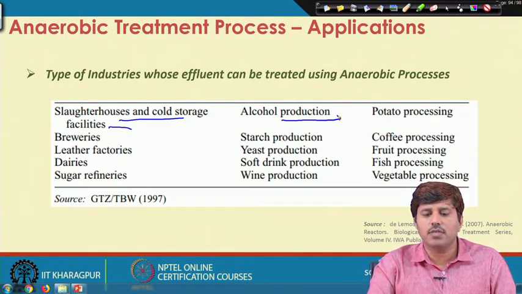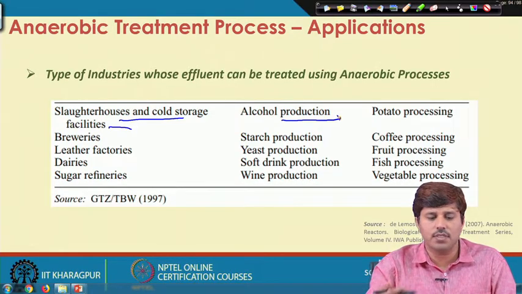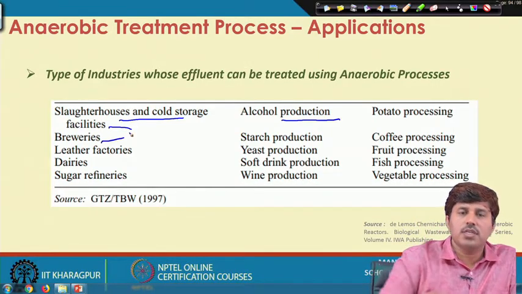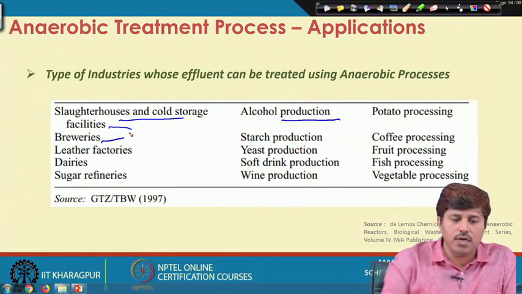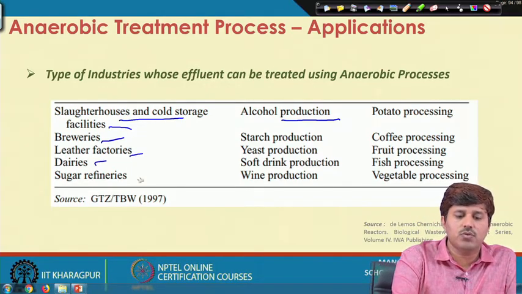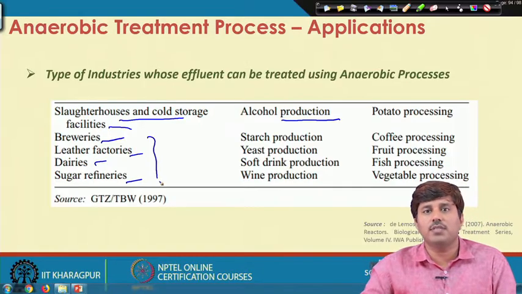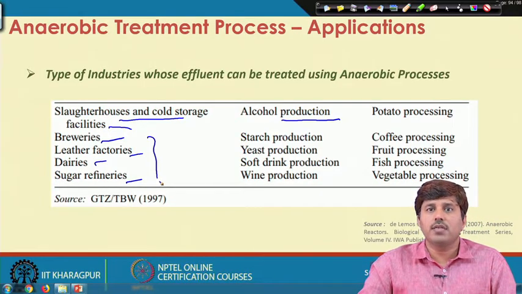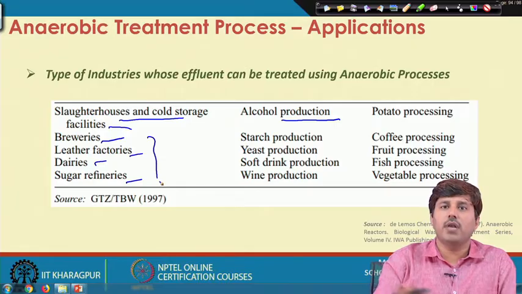And that can actually be degraded or decomposed pretty nicely. Then the breweries industry, leather factories, dairies, and sugar refineries may have COD at times in the lakhs. So, refineries can come up with a COD of, say, 2 lakh.